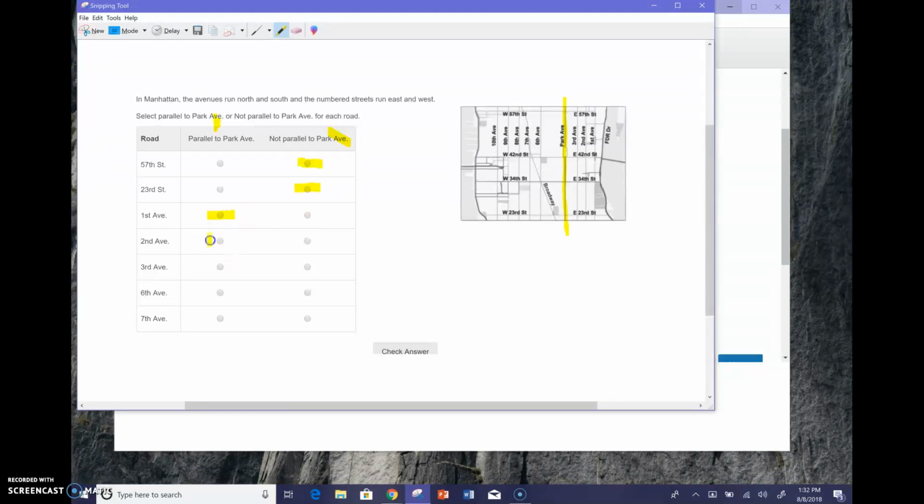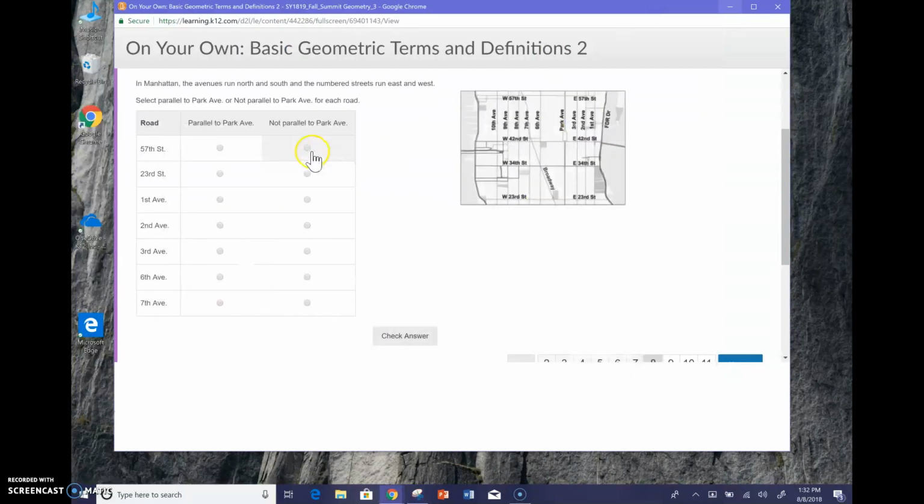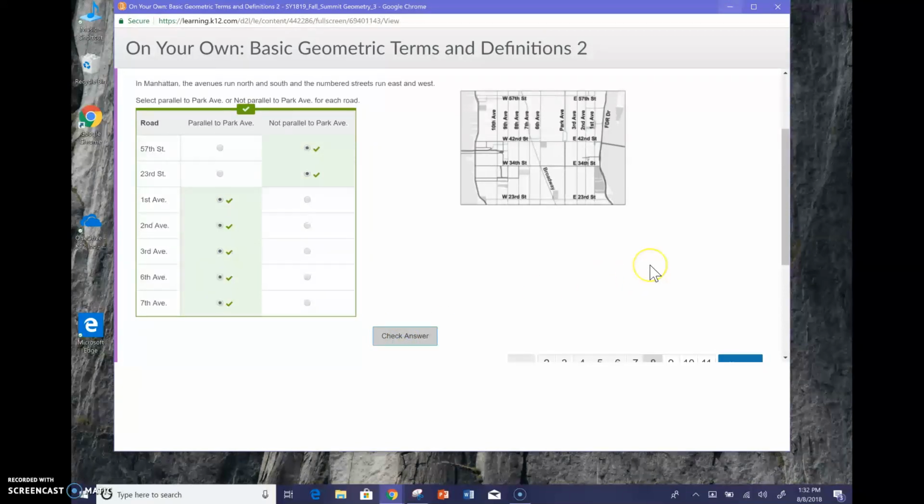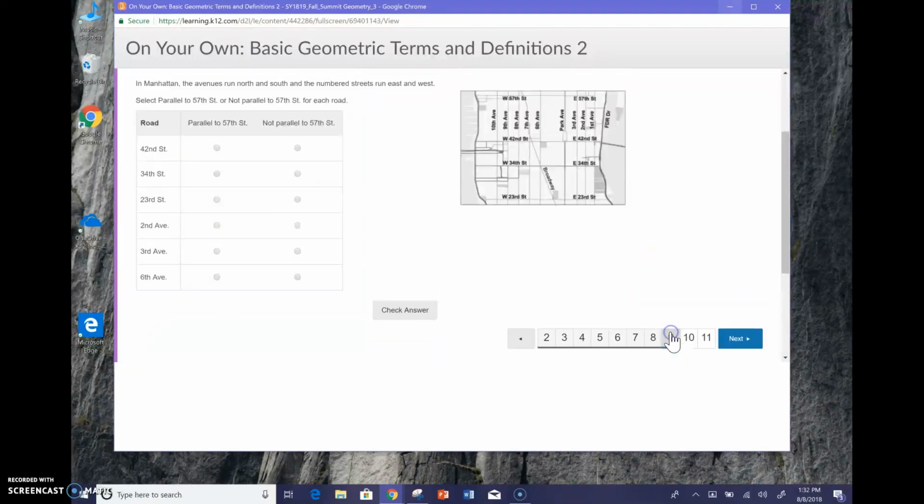Second Avenue, where we see avenue, those are going to be our parallel ones because we're looking for roads that run north to south. Avenues run north to south. So let's put our answers in. So not parallel are the two streets, and parallel are the avenues that also run north and south. Great job. We are so smart.